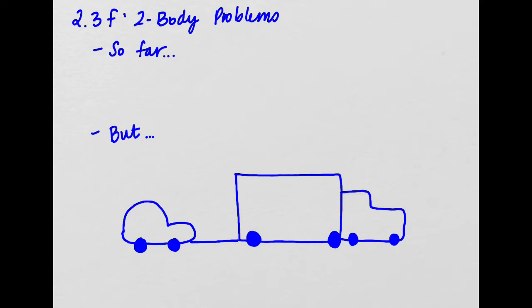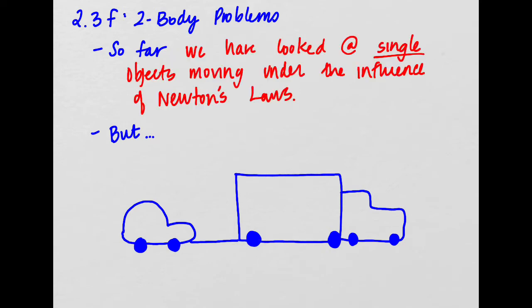So far, what we've looked at are single objects, just one object moving under the influence of Newton's laws. We've looked at one single skydiver falling. We've looked at Yusra pushing one single book across the table, right? We're always looking at one object.